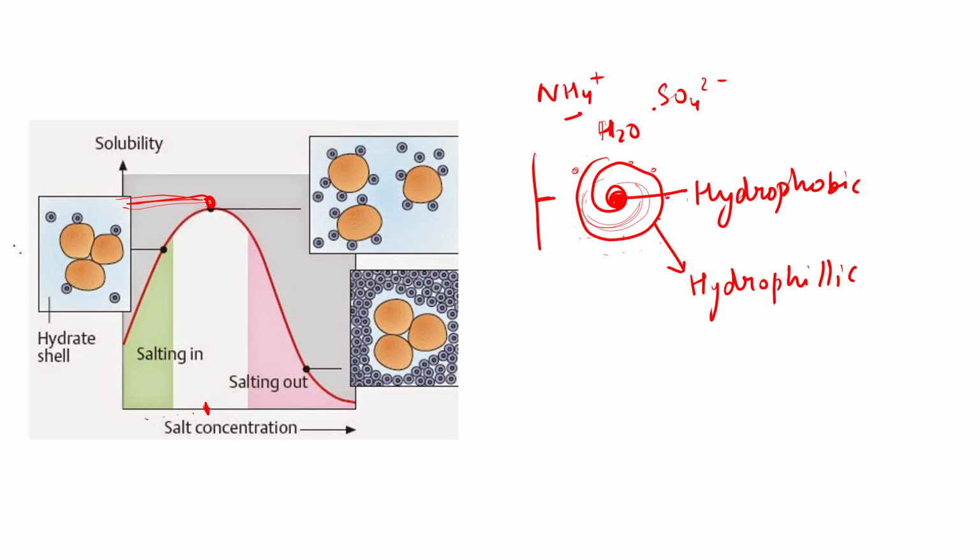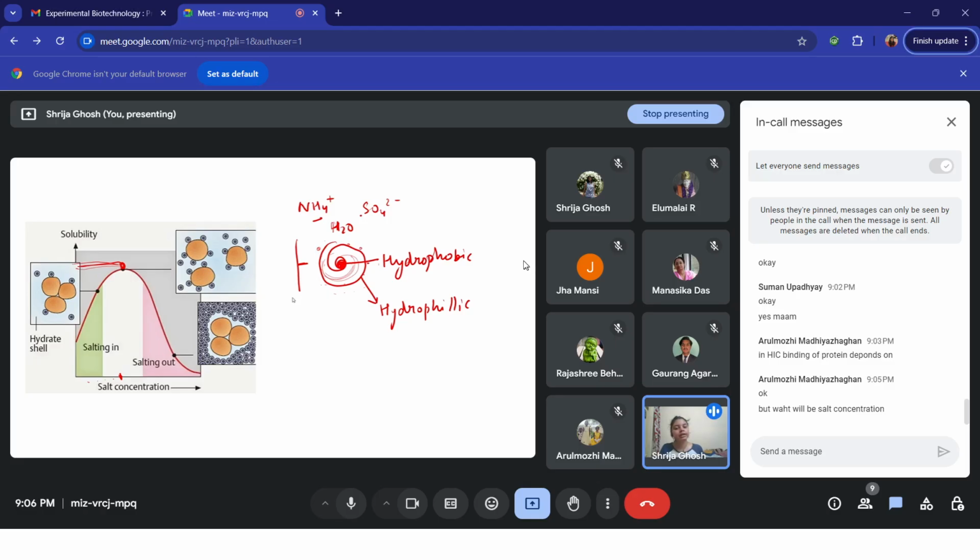Salt ions are replaced, there the hydration shell will again form. Since this hydration shell has formed, the interaction that was happening between the hydrophobic amino acids and the hydrophobic matrix will break and the protein will elute out. Okay, so binding will be at a high salt concentration and elution will be at a low salt concentration.